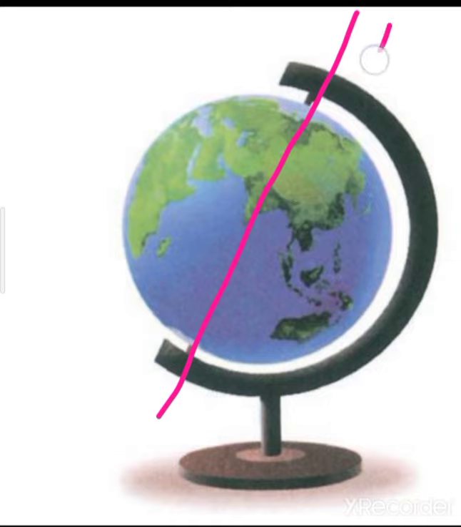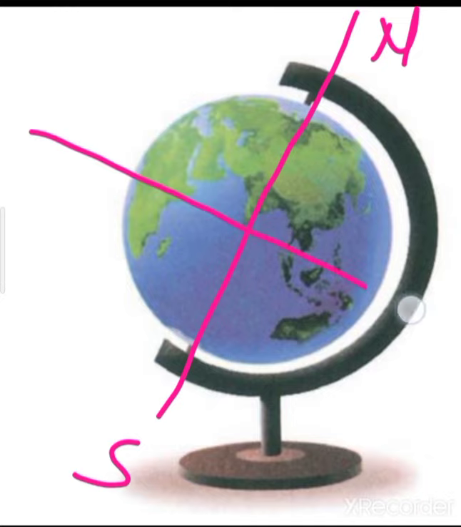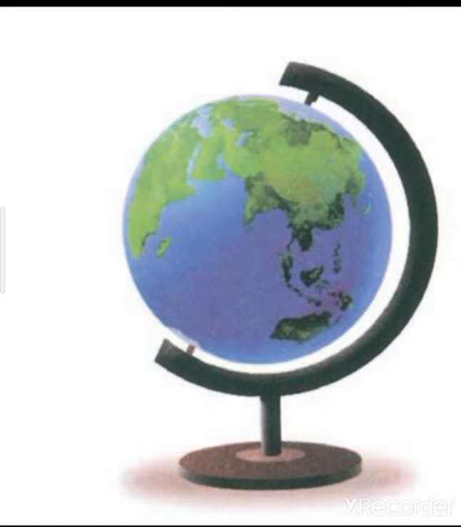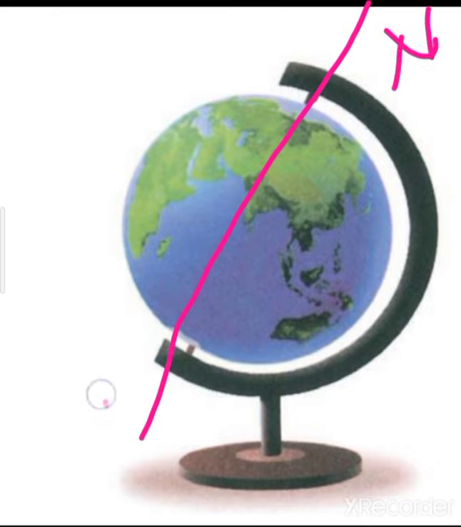It is the north pole, it is the south pole, and here it is west and east. The globe is rotating from west to east. You have to remember that this is nothing but the axis.